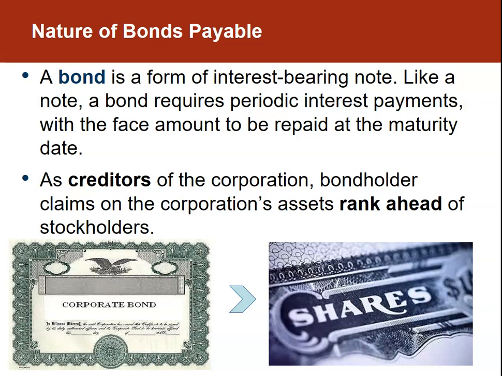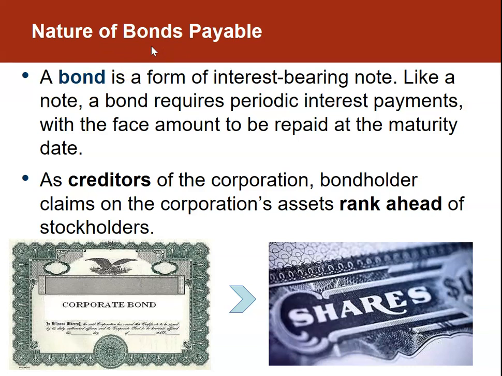I want to be very clear. You can go to the bank and you can borrow money, and we call that, again, a note payable. But oftentimes companies, particularly of larger size, publicly traded companies, on the stock market and so forth, will raise money by selling bonds to investors.